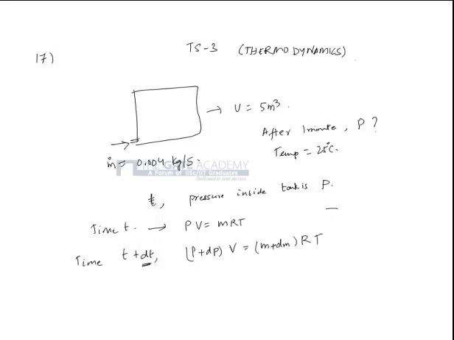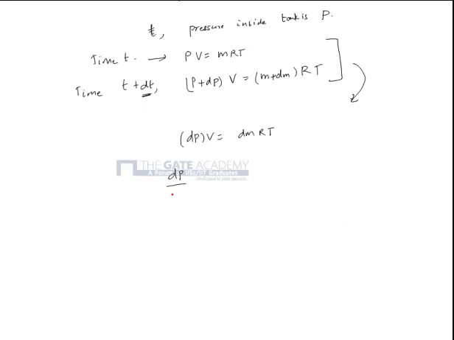So from these two, I can say that dP into V is dm into R into T, and if I divide by dt throughout, I can write dP by dt into V as dm by dt into RT, and dm by dt is nothing but the mass flow rate coming into the tank.